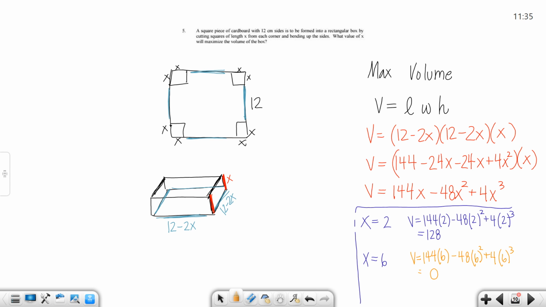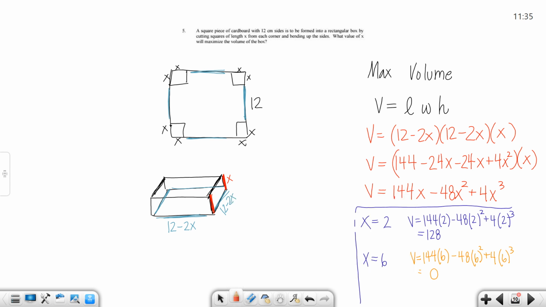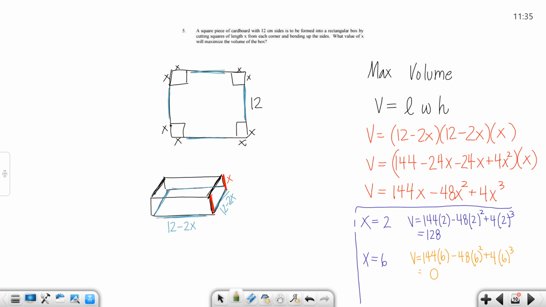Now those were my two critical numbers, but what I did forget to do, or I just kind of left out, was I didn't talk about the domain. So let's go back over that one more quick second. So the particular variable that I'm using here is x. And I know that x is a distance, so x has to be positive.